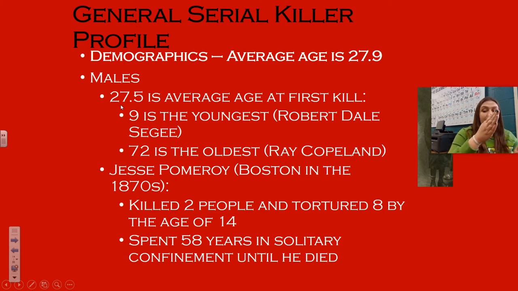And it takes a while from getting that mental illness originally to when you're really going to act upon it, usually. But still, one became a serial killer when he was 72, and this one was 9 when he started his killing spree. Jesse Pomeroy, Boston in the 1870s, killed 2 people and tortured 8 by the age of 14. So that's a weird case where he was much younger. He spent 58 years in solitary and confined until he died. So that's just sad. Just giving you an example.